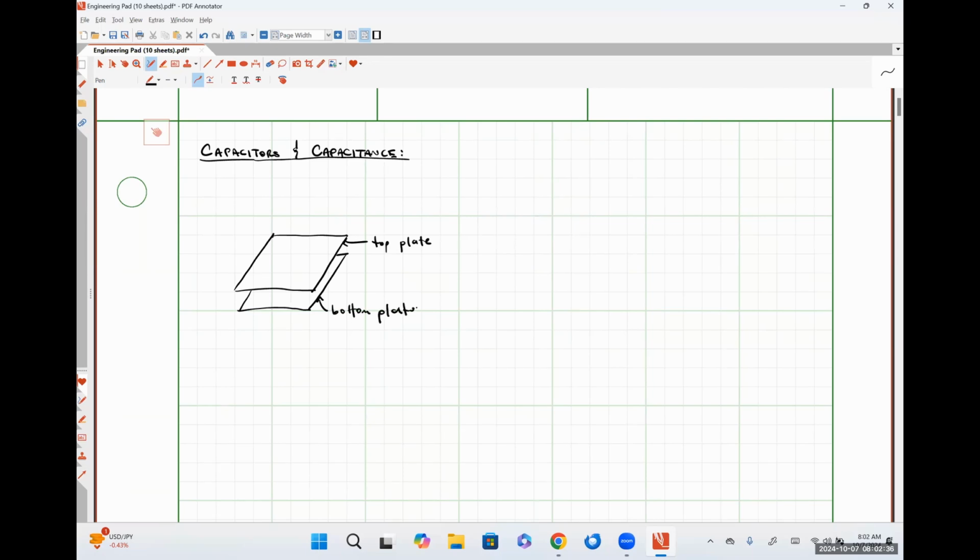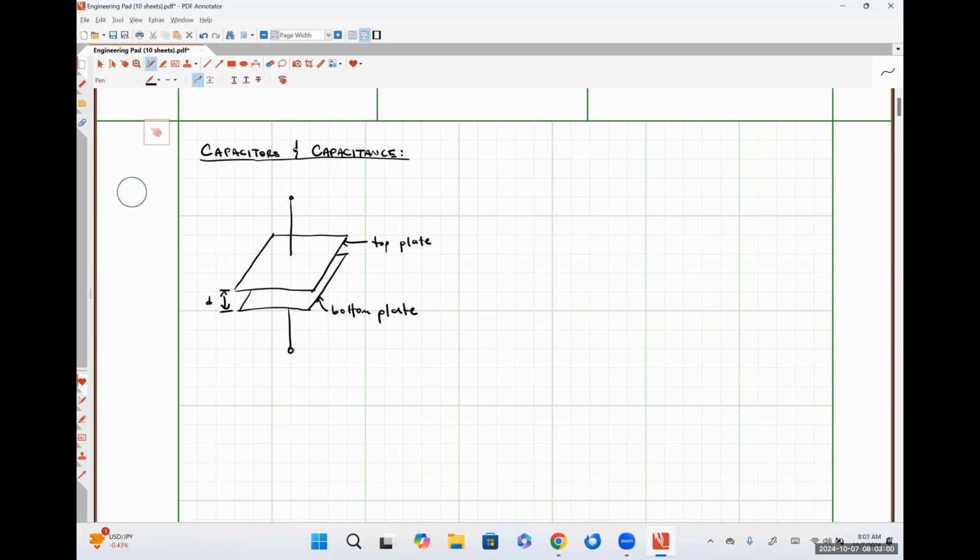So I have two plates separated by some distance d, and I'm going to put an electrical lead on the top plate as well as the bottom plate to form what is called a parallel plate capacitor. Okay.